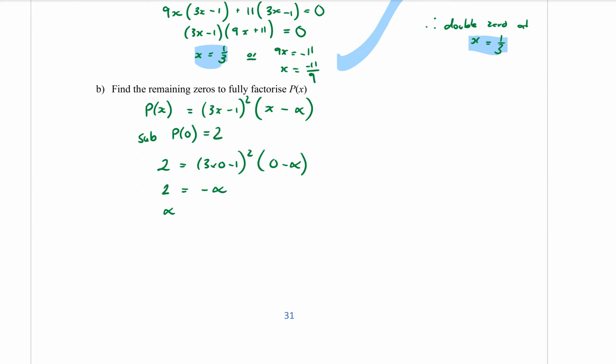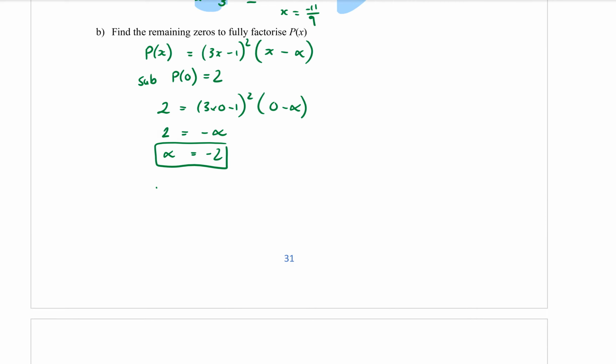So I get alpha is equal to -2 when I divide that across the other side, which we were already expecting because we had been sneaky and found that previously. So p of x is equal to 3x minus 1 squared times x plus 2 for the third factor.